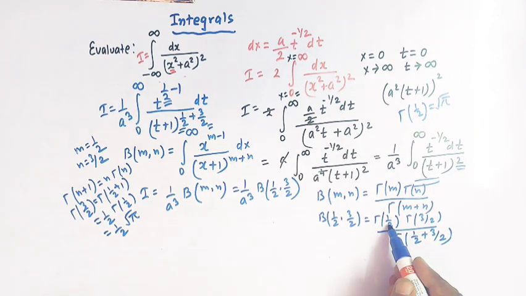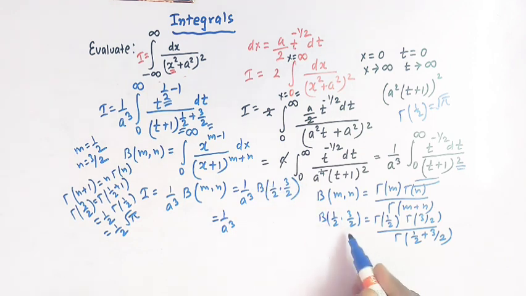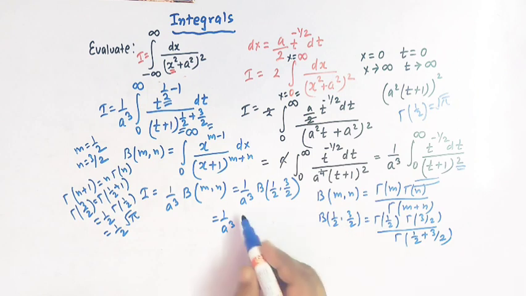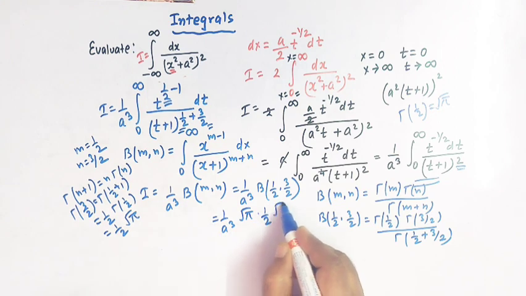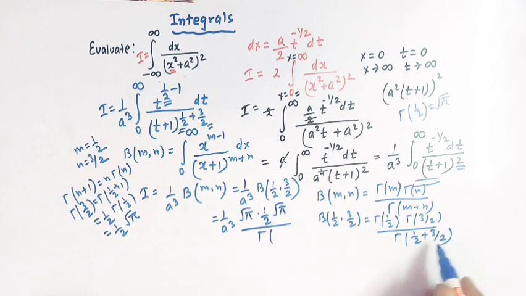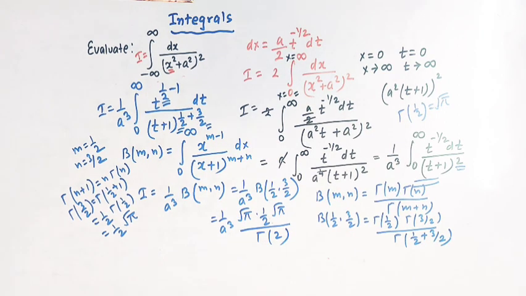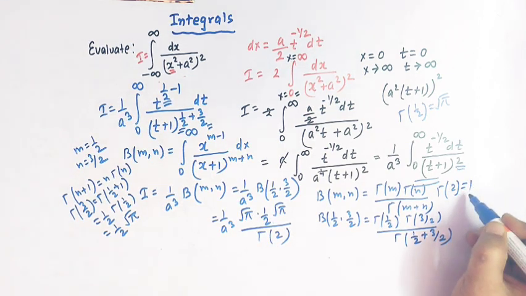So here we have now 1 over a cube, and the value of this expression is gamma half. Gamma half is square root of pi, and gamma 3 by 2 is half square root of pi, and in the denominator we have gamma of (3 plus 1) over 2, that is gamma of 2. So now the value of gamma of 2 is 1, right?